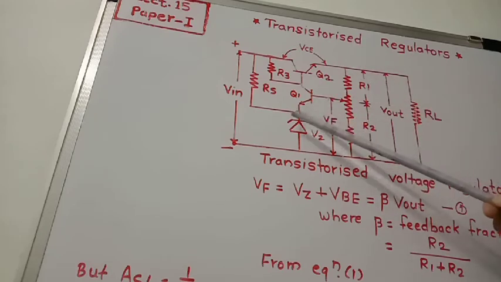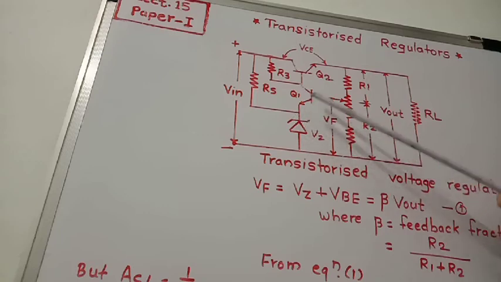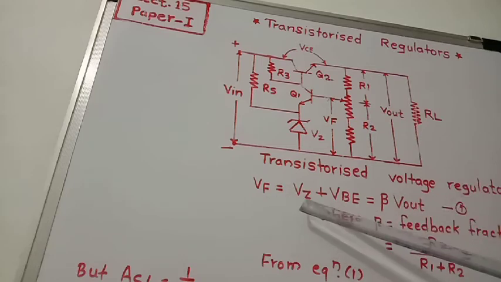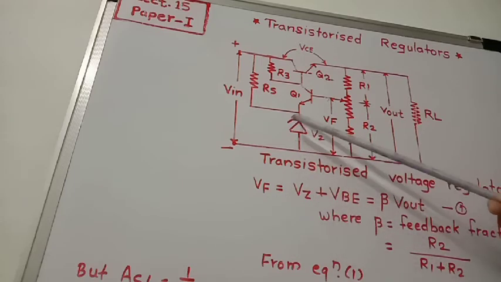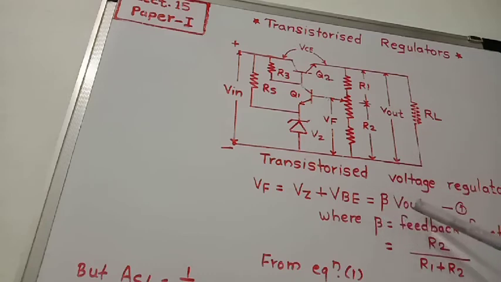So Vf is equal to Vz plus Vbe, that is voltage across base and emitter of Q1, and that is equal to beta into Vout, where beta is called as feedback fraction.